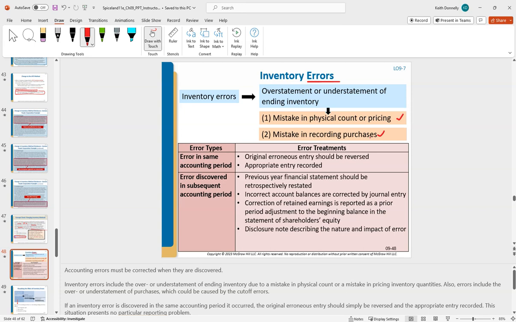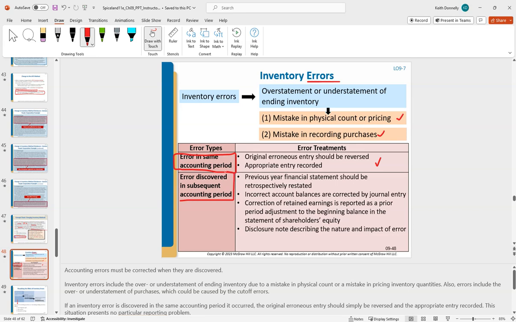What do you do when this happens? Well, it really comes down to when you figure out that you screwed up the inventory. If it's in the same accounting period, essentially you're just going to correct it right then and there. The original entry should be reversed and the appropriate entry should be recorded. However, maybe it's a couple years later, and we find out, uh-oh, we screwed up the inventory.